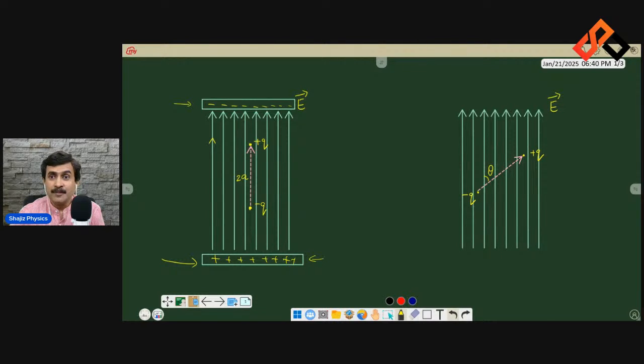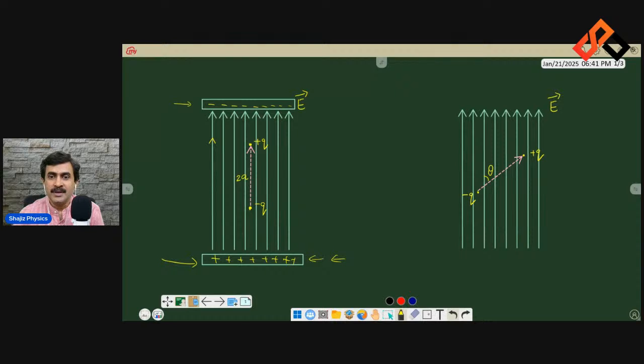Now see, the positive charge is not at the maximum distance from the positive plate as in the first case. It came closer to the positive plate. Similarly, the negative charge is also not at the farthest point from the negative end. It also came closer to the negative plate. So what will be the natural tendency of the dipole right now?